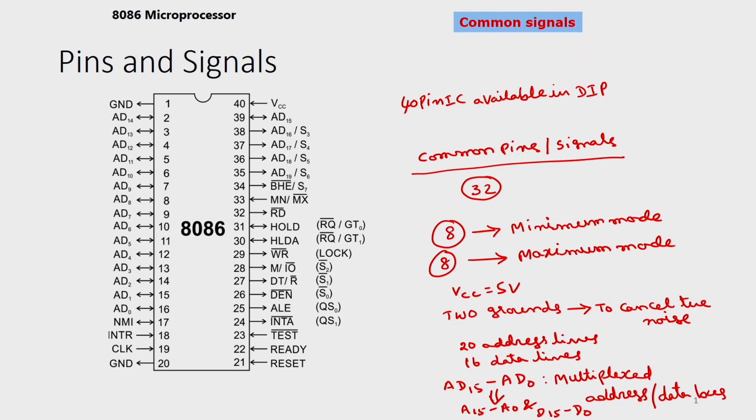Normally, it is used for carrying the address during T1. T is a T state: one clock period of any microprocessor is called one T state.